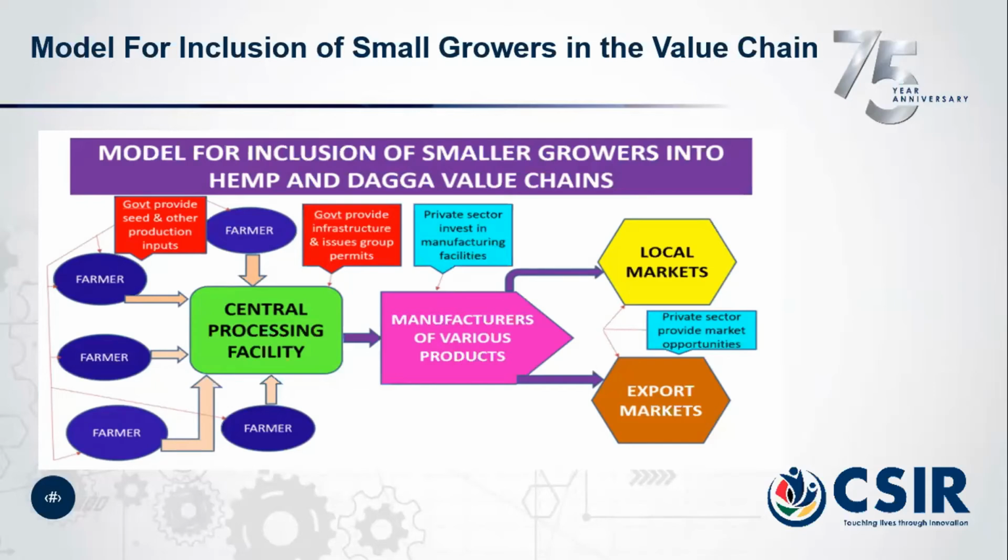Somebody must be responsible to make sure the quality here is okay. And then it goes to a manufacturing facility and then the local market. They were just making propositions on what's the best way to have an inclusive market, especially in the medicinal cannabis sector, which has lots of regulations.